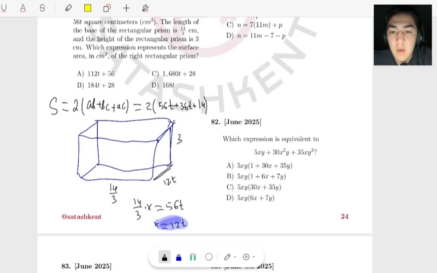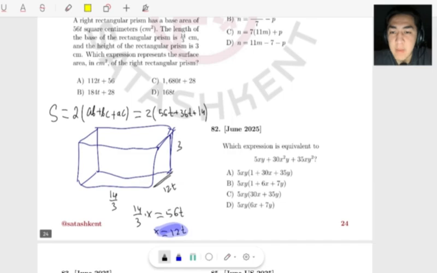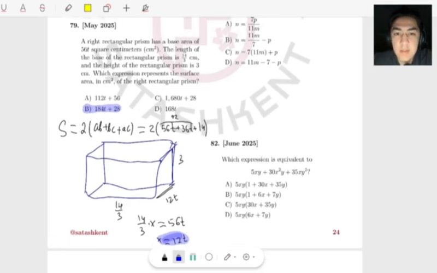Yep. And if I simplify it, I will be left with what? 56 plus 36 is gonna be 92, and if I multiply it by 2 it's gonna be 184t plus 28, which is, guys, B in our case, right? So 79 is B.